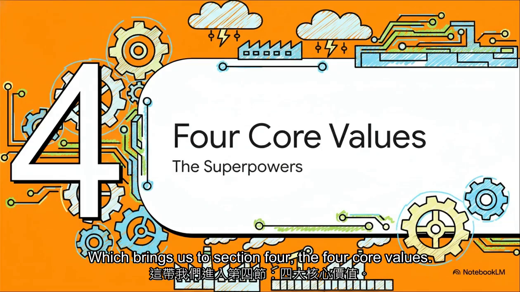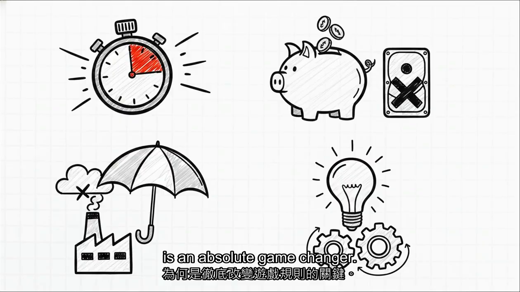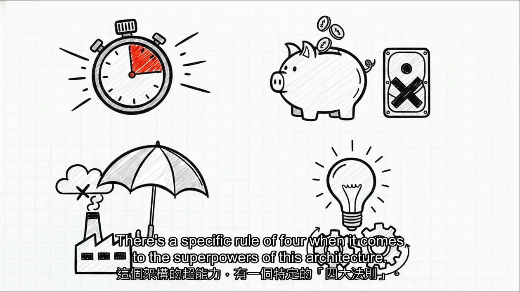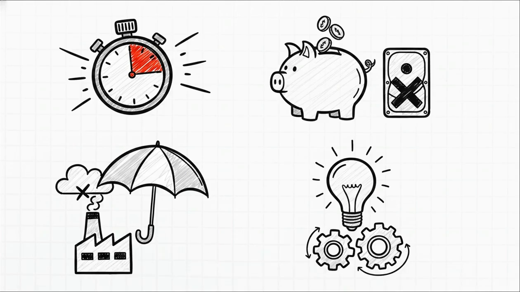Which brings us to Section 4, the 4 core values. All right, now that we know exactly where this gatekeeper sits, let's uncover why it is an absolute game changer. There's a specific rule of 4 when it comes to the superpowers of this architecture. First up is fast. By processing logic right at the machine or IoT level, you get millisecond or second-level real-time feedback. You catch issues instantly. Second is save.